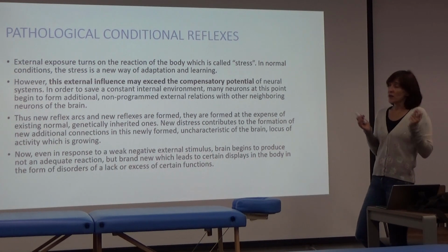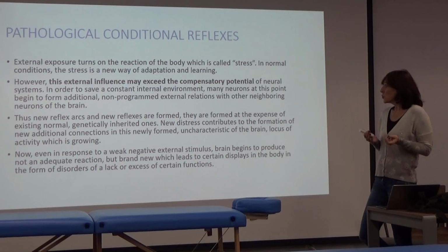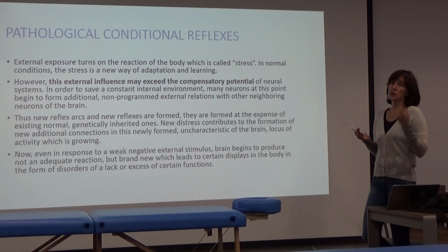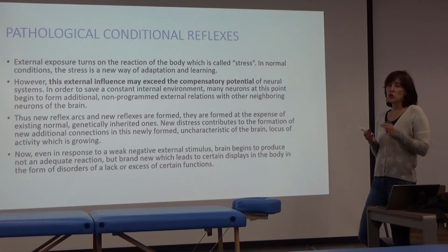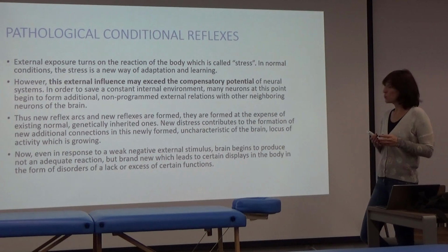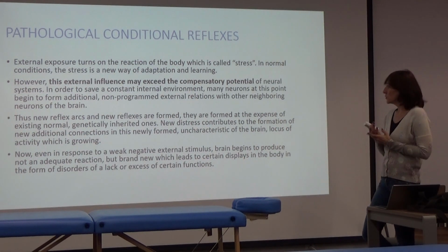They start to create new reflex arches, and new reflexes are formed, and they might not be so great because they're already altered and adapted to the extensive forces which the human body cannot deal with. We were talking before that the signals should be regulated properly at each level. If one level cannot regulate the reflex properly, then the alteration starts and it's going to result in different kinds of dysfunctions.